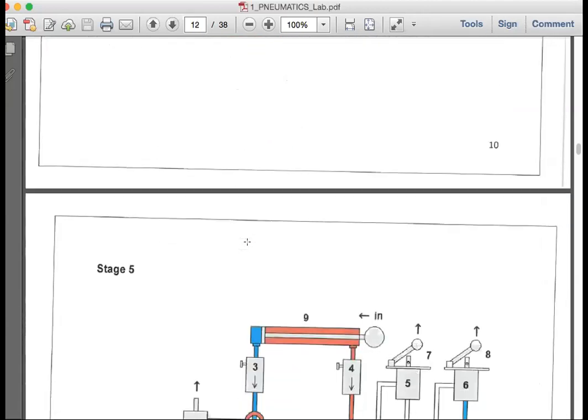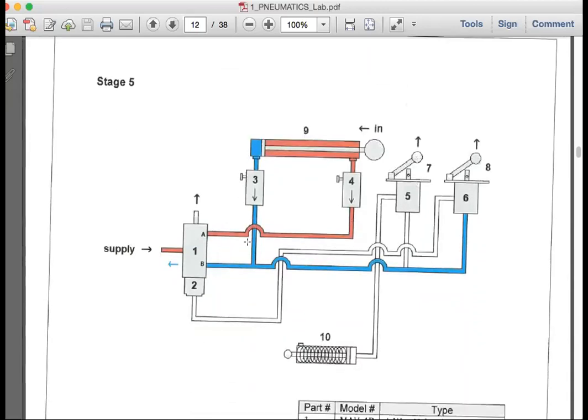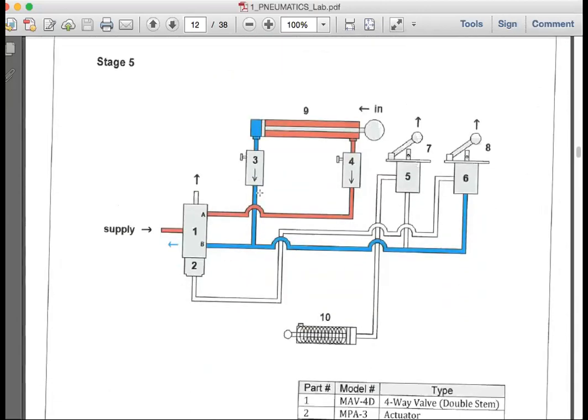Oh, and there is a stage number 5. So as you see, everything is venting, and your final stage, when everything is vented, it's all in, and right now no more pressure right here. So you go back to the original stage.